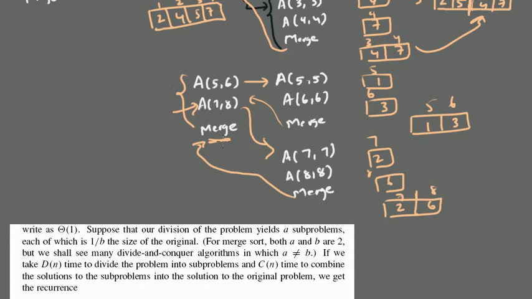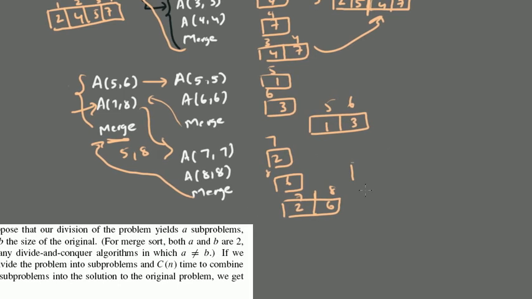So at merge I'm merging 5 through 8. So if I were to write down the contents, from 5 through 8 I have 1 3, which is this one, and I have 2 6, right, which is this one. It's 2 6 and 1 3.